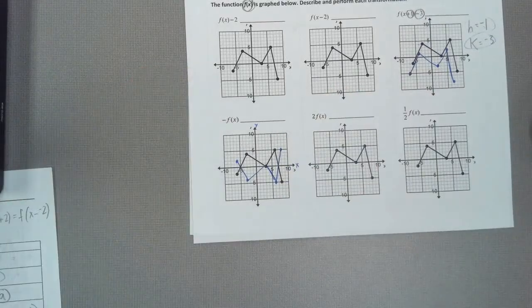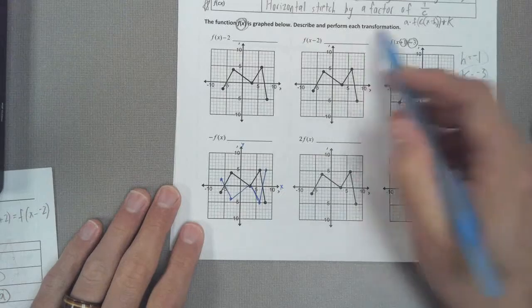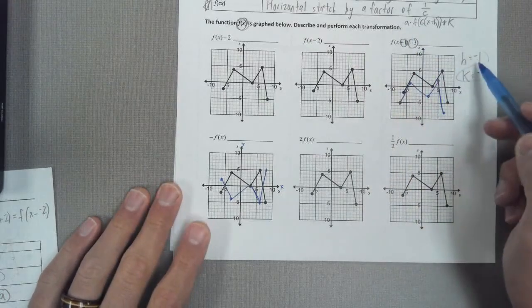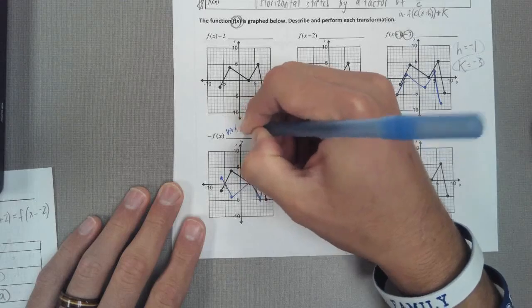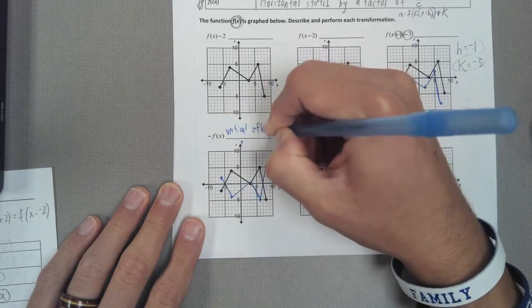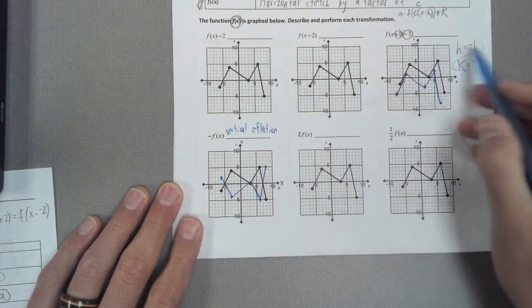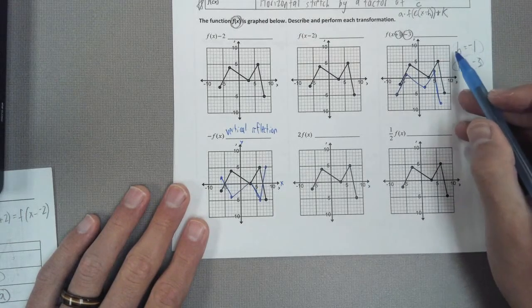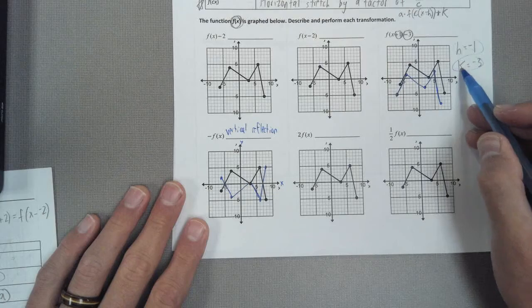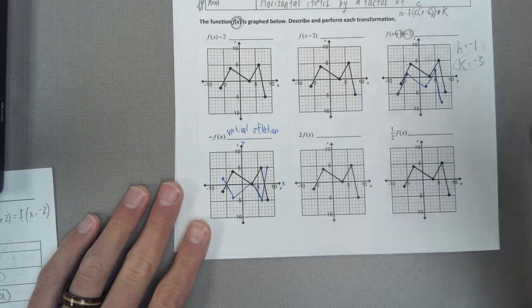So that is my vertical reflection, and it says to describe them, so technically we didn't do that here, but this is a vertical reflection, and then if we wanted to write it, horizontal shift 1 to the left, and then vertical shift down by 3.